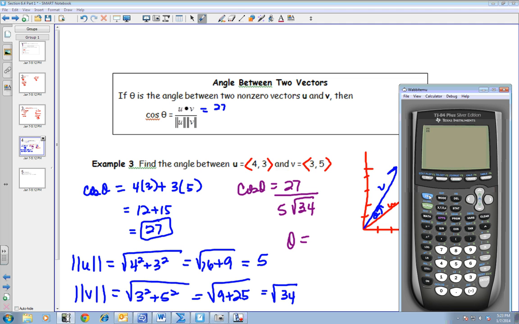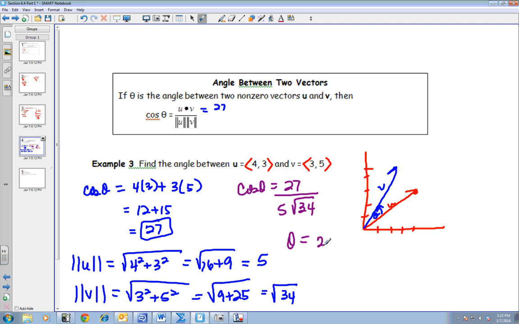So I'm going to hit second cosine of 27 divided by 5 times the square root of 34. And theta is 22.166 degrees. So now we know how to find the angle between two given vectors.